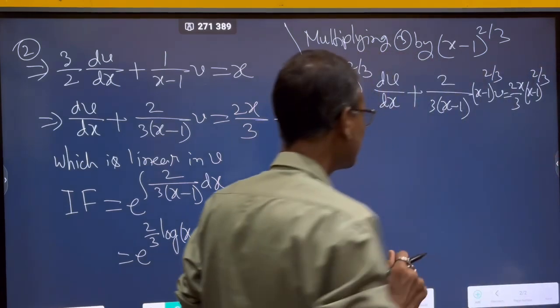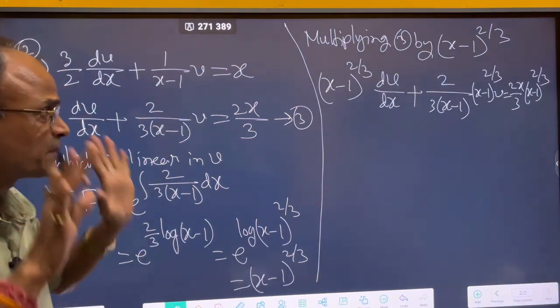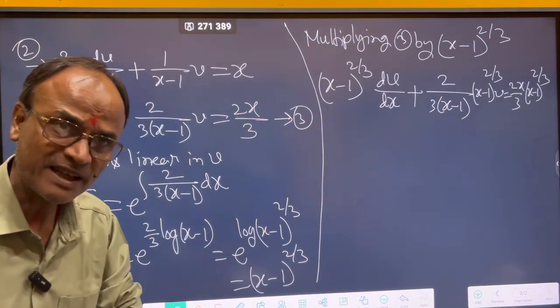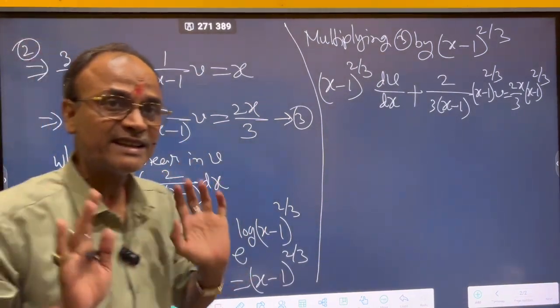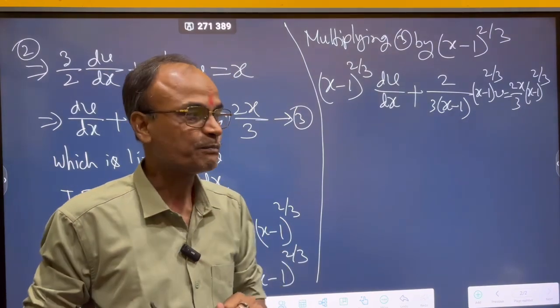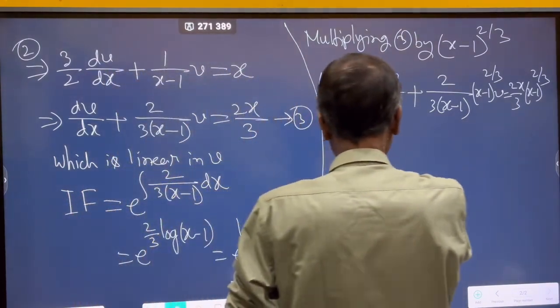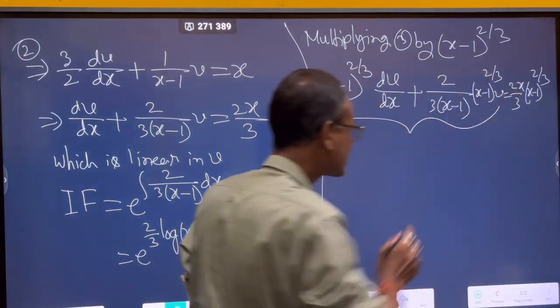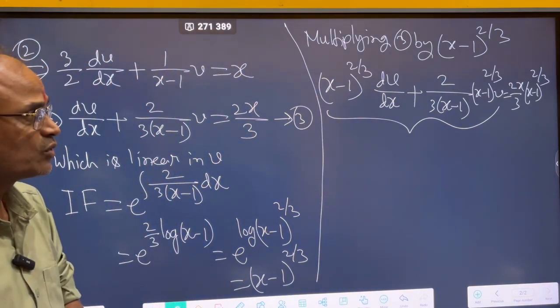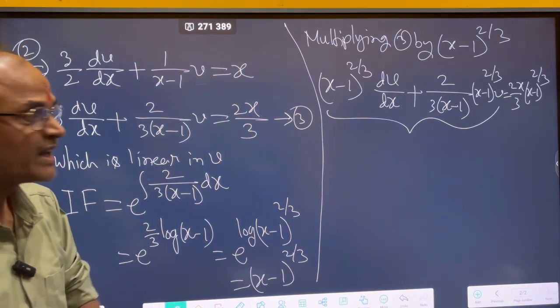You may write like this. Thus, we have multiplied equation number 3 by the integrating factor. Now you see, the left hand side will become a perfect differential.